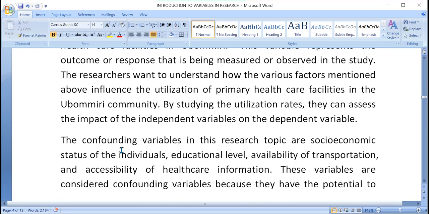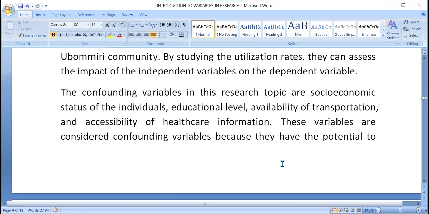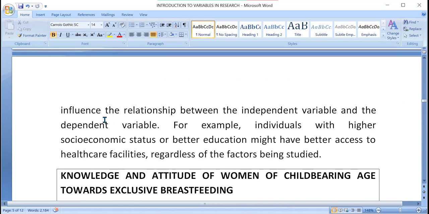Now, the confounding variables in this research topic are socioeconomic status of the individual, educational level, availability of transportation, and accessibility of healthcare information. These variables are considered confounding variables because they have the potential to influence the relationship between the independent variable and the dependent variable. For example, individuals with higher socioeconomic status or better education might have better access to healthcare facilities, regardless of factors being studied.